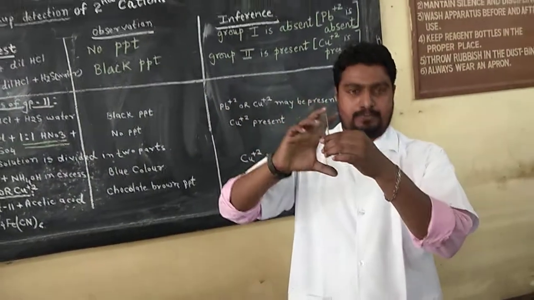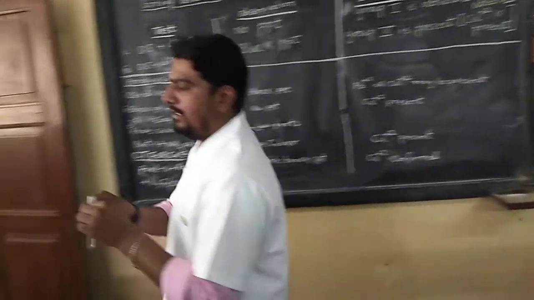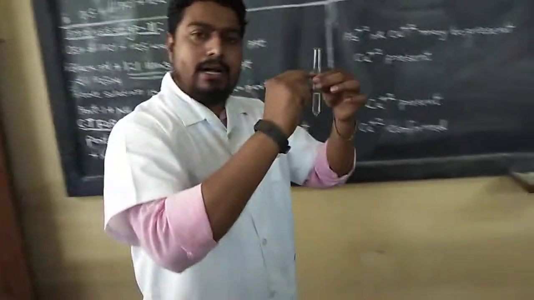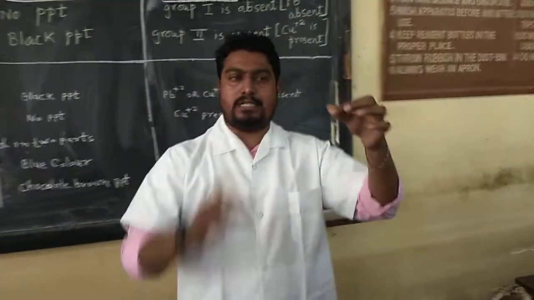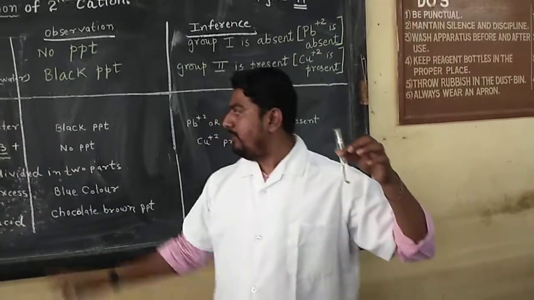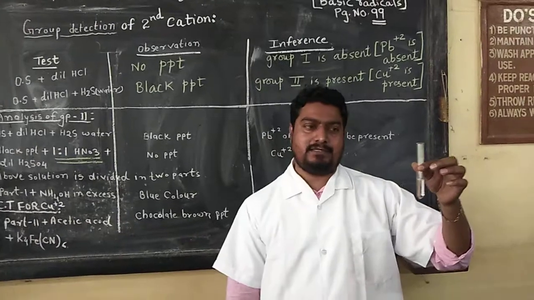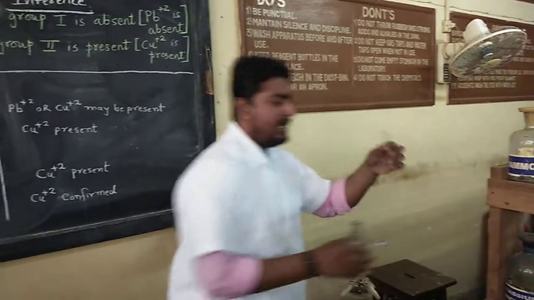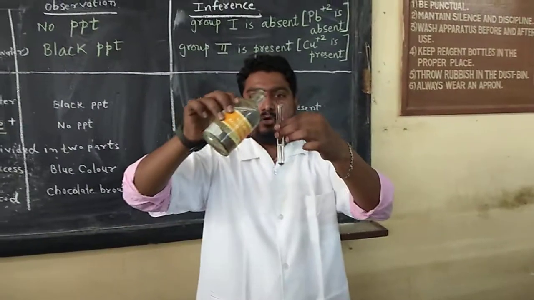Equal volume of water and concentrated nitric acid. See how you have to prepare. You have to take a test tube and take a little amount of water. Suppose I am taking this much amount of water, and this much amount of concentrated nitric acid you have to add into it. Then it will be your 1:1 nitric acid. Here we have concentrated nitric acid, I am adding an equal amount.